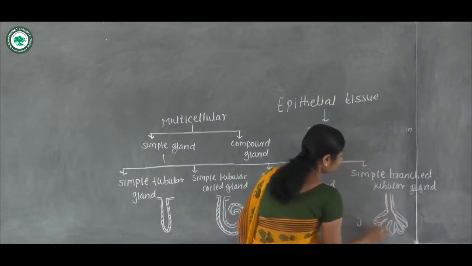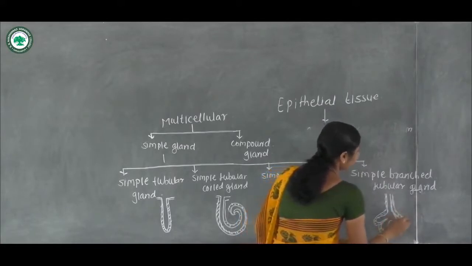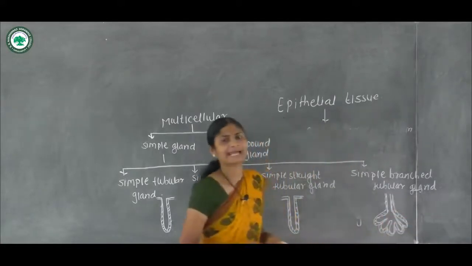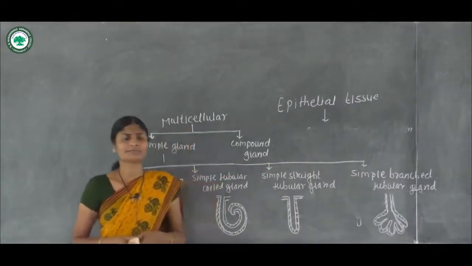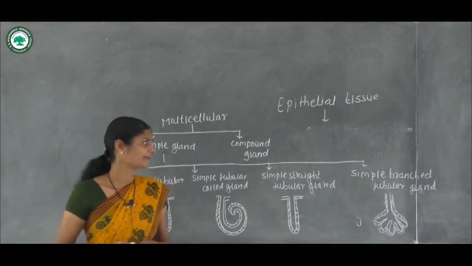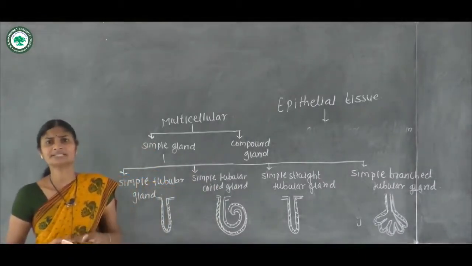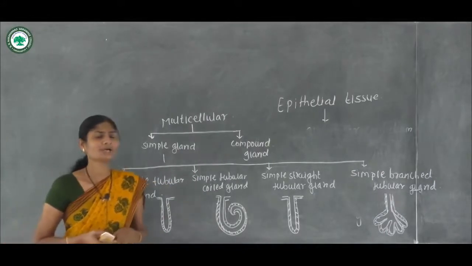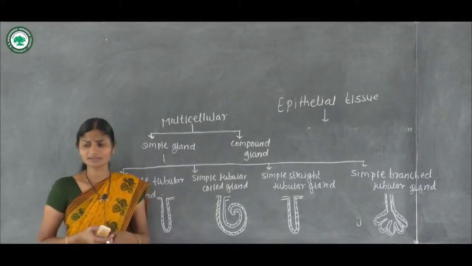These glands are present in the pyloric, cardiac and fundic parts of the stomach.